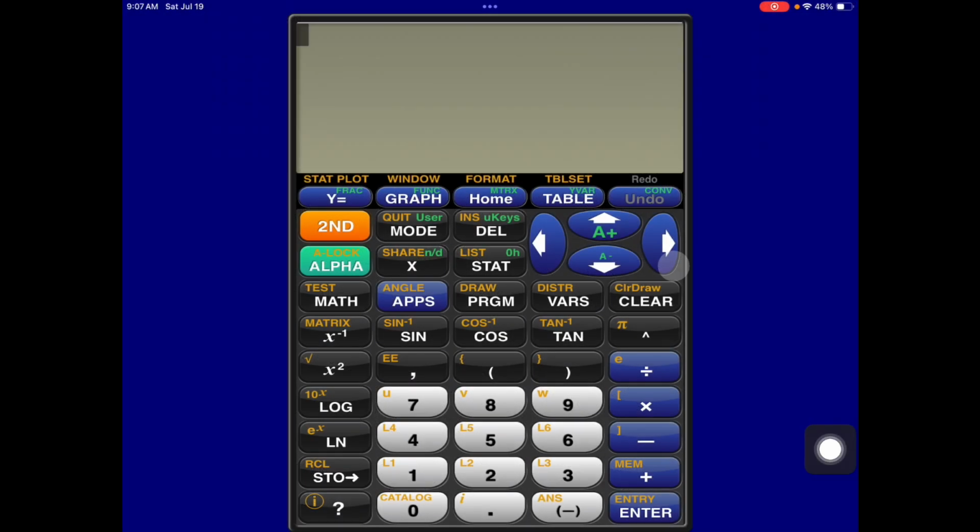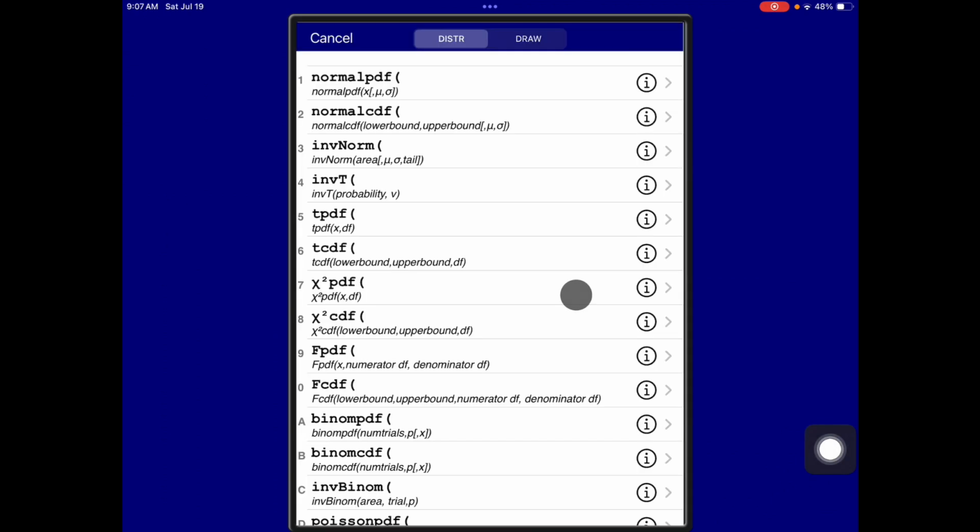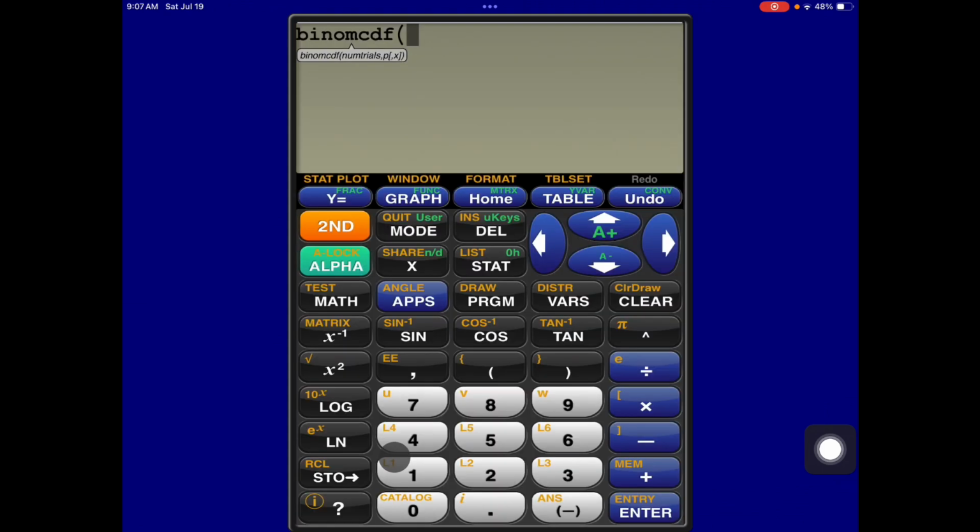On the graphing calculator, we need to go to second vars and go down to binom CDF. Our n value is 100, comma, probability is 0.16, comma, and our x value is 18. Close your parentheses and select enter.